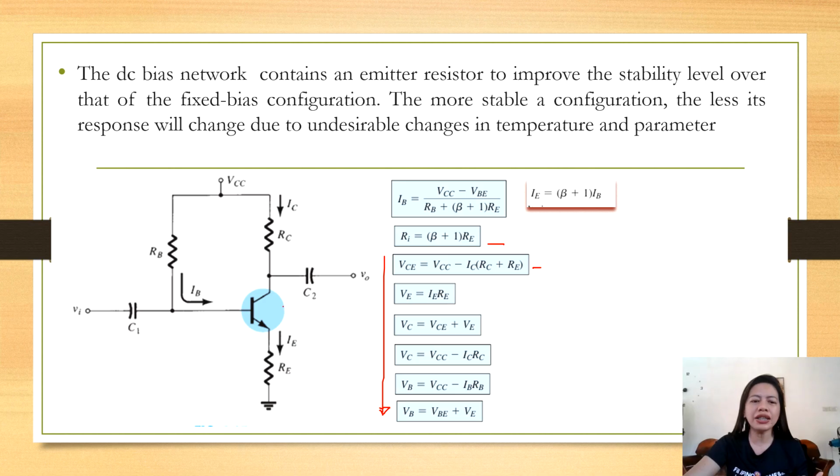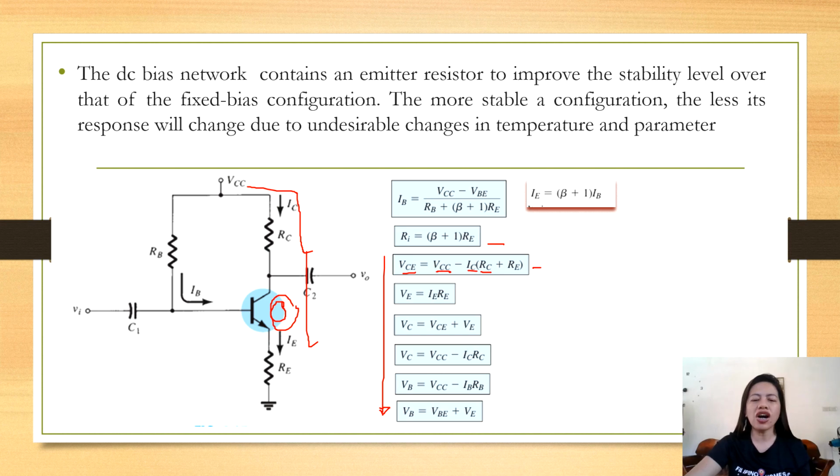VCE. So the VCE is found here. It is the voltage across the collector and the emitter. Since we are looking for the VCE, we need to loop here, right? So that's why we have VCC going down to ICRC, then going down to VCE. So this is the VCE here. So minus, diba? It was just transferred to the other side.